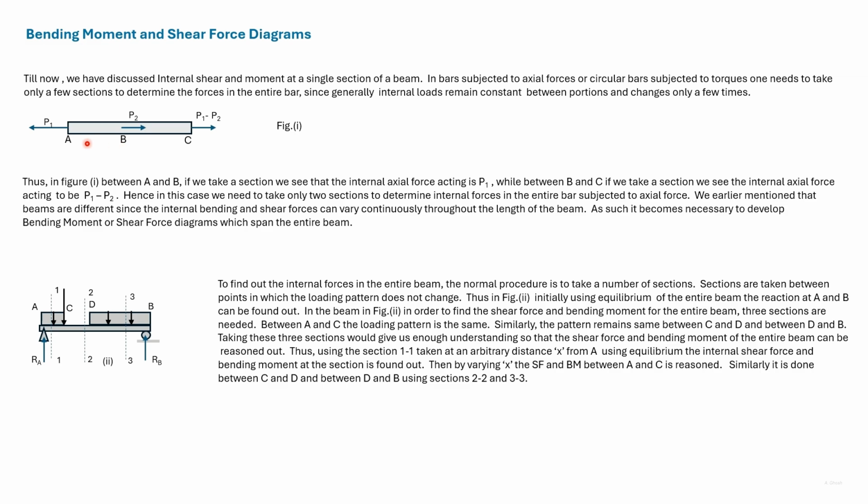Let us consider this bar to which loads P1 and P2 have been applied. Then from equilibrium, there must be a force P1 minus P2 acting at C. The whole bar ABC has only two different axial forces. If we take a section perpendicular to the axis between A and B, we'll find that the internal force is P1.